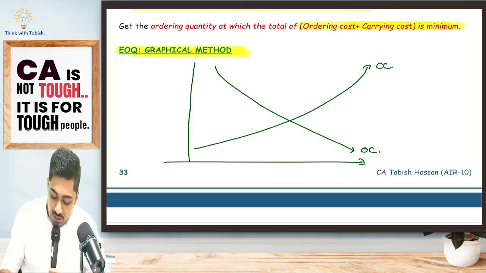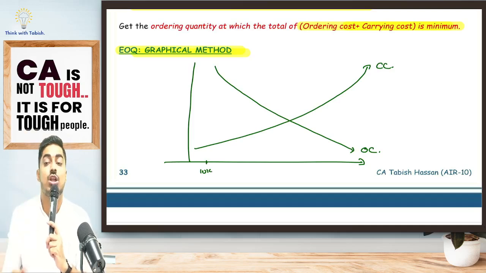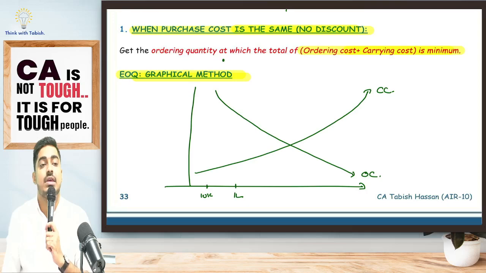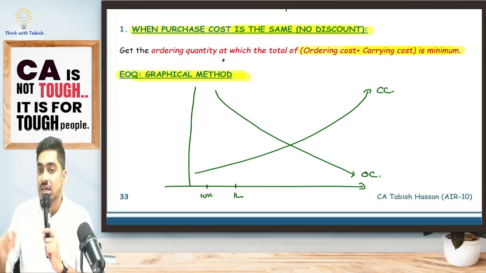Now we are having different situations. Tell me, if my ordering quantity is 10,000, can you tell me what is the total of ordering and carrying cost? Last line that we have written. Is it 2,500,000? Okay. I increase it and make it 1,00,000. Can you tell me what is the total of ordering and carrying cost? It has come down.